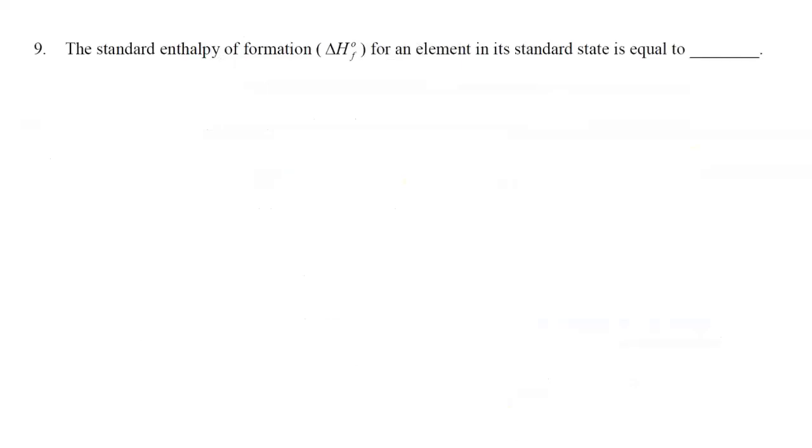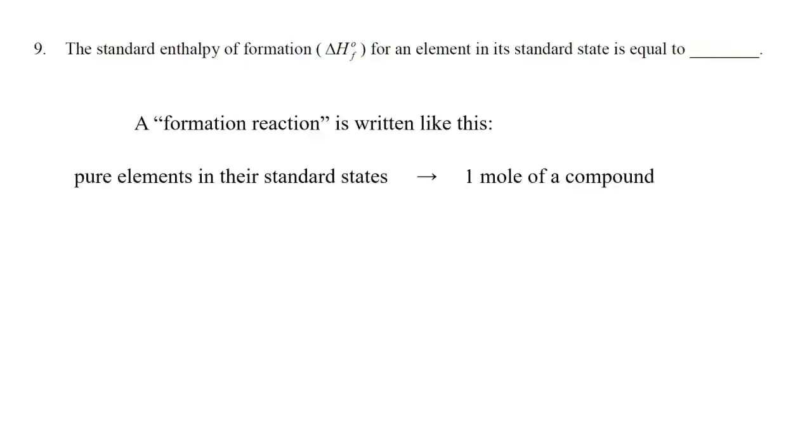All right, this is question 9. It says the standard enthalpy of formation for an element in its standard state is equal to, and then there's a blank. We have to fill in the blank with a particular number. A formation reaction is generally written like this. We have the pure elements in their standard states on the left, and 1 mole of a compound on the right.